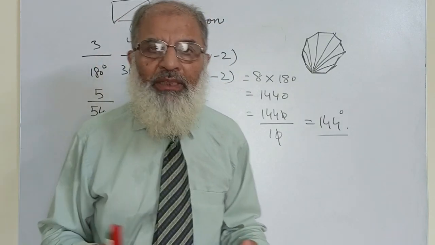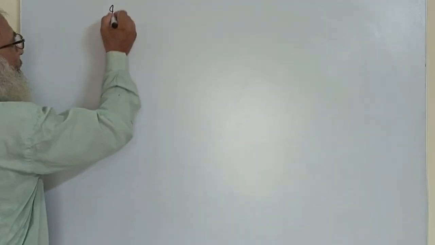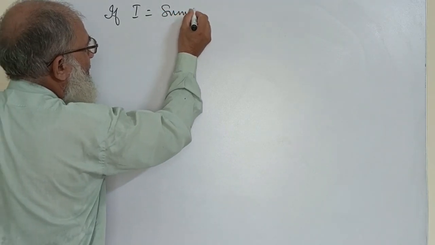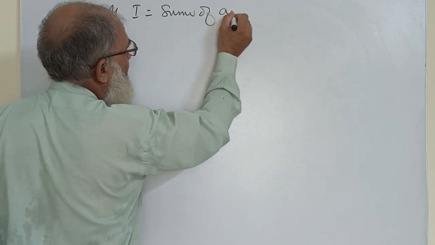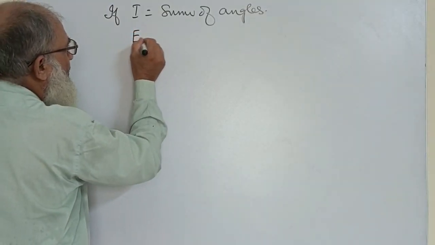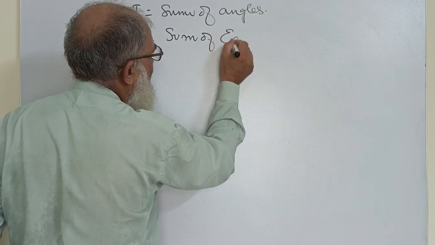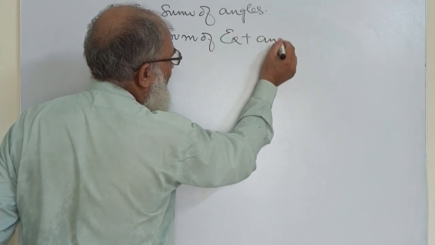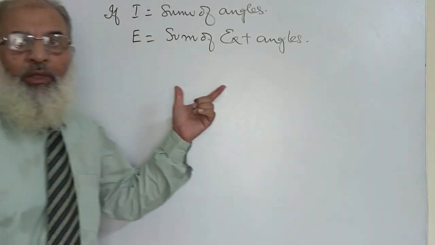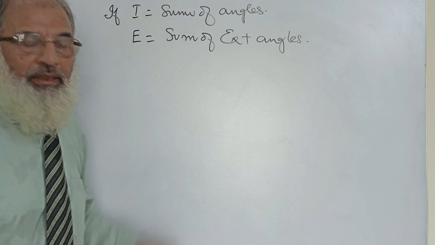Now this can be expressed in a general rule. If I is equal to the sum of interior angles, E is equal to the sum of exterior angles, and I hope that you know now what the exterior angles and the interior angles are.